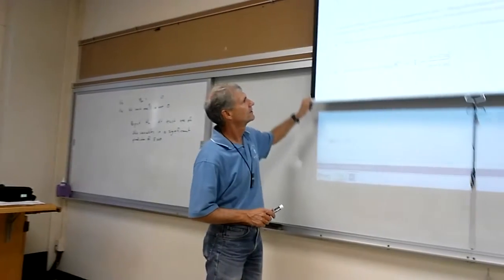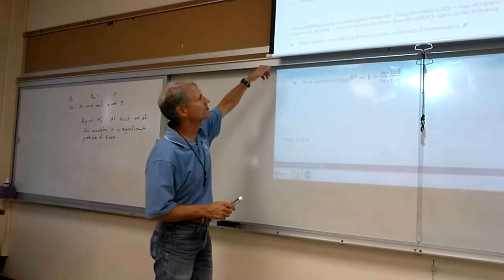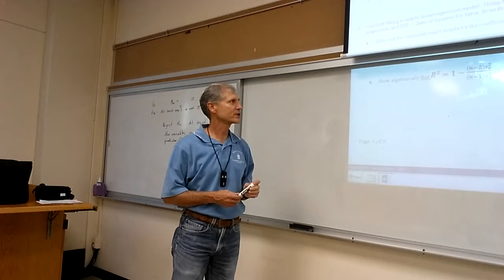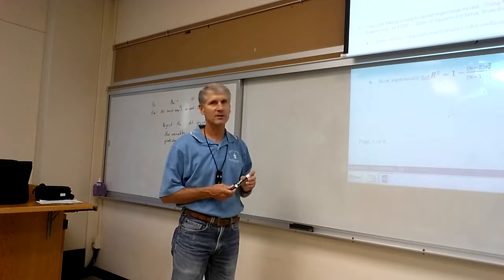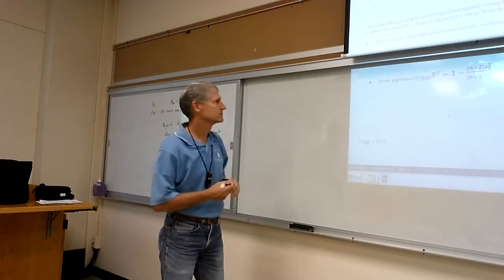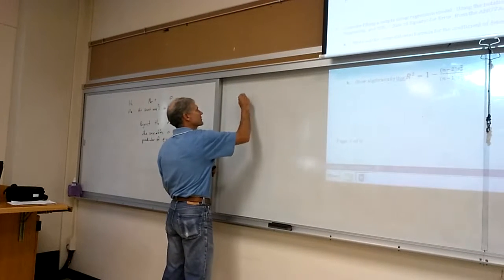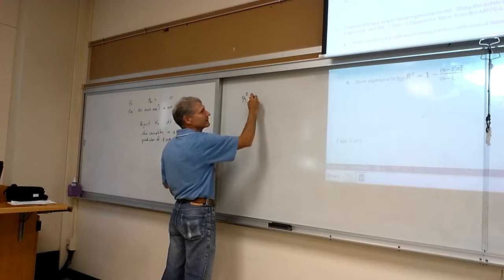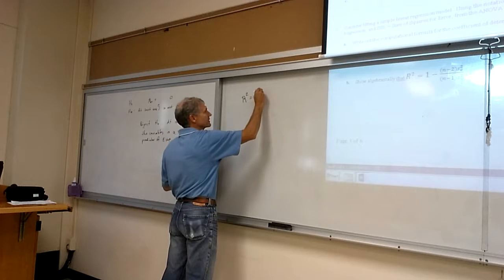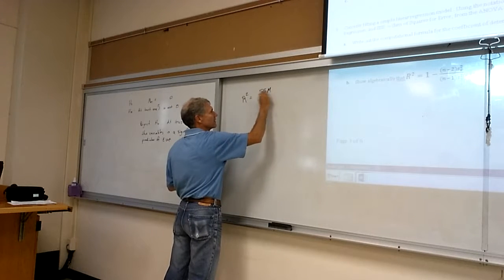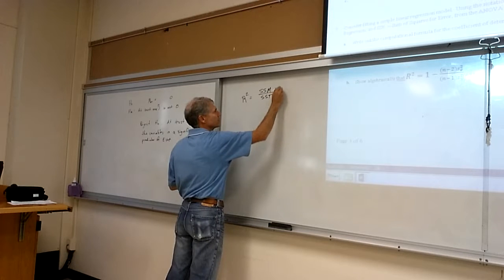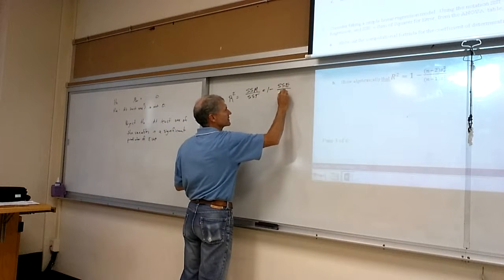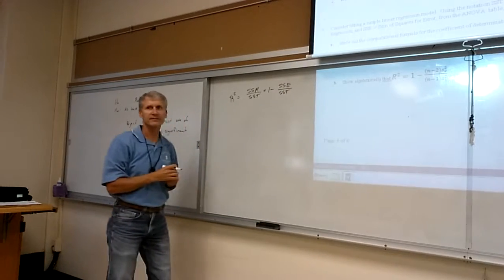So, what is the computational formula for r squared? Not adjusted r squared, but r squared. R squared is SSM over SST, which is 1 minus SSE over SST, right?